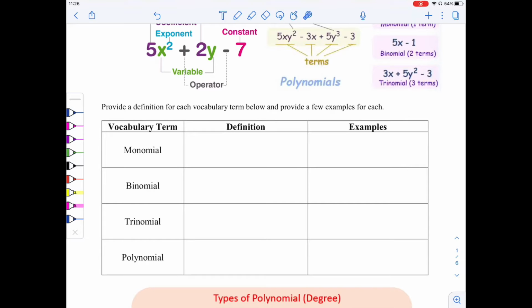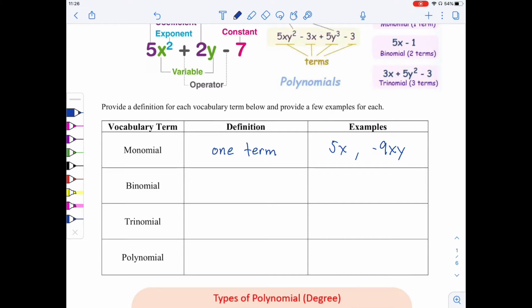is an algebraic expression consisting of one term. So this one is just one term. Examples are 5x, or negative 9xy, right? Those are monomials, one term.